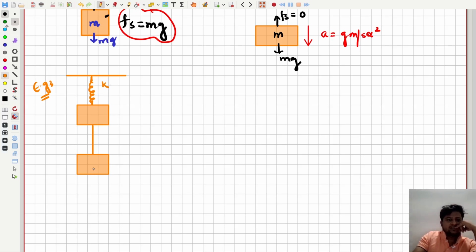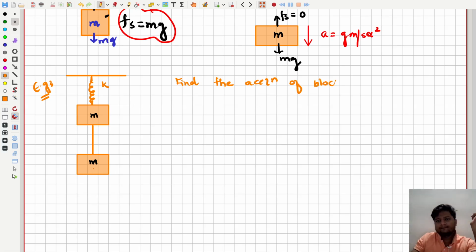Mass is M. This is again mass M. Same kind of question. Find the acceleration of blocks when we make a cut in the spring.